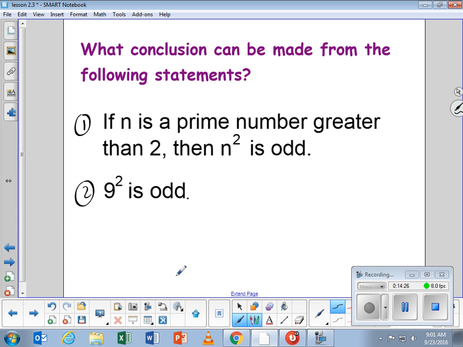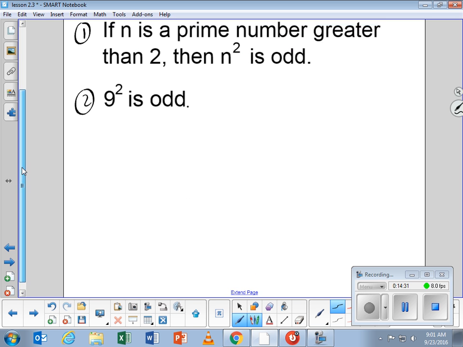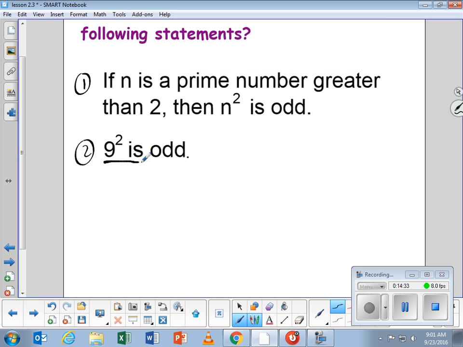This question is a little bit tricky because 9 squared is odd looks like this, which is the conclusion of this conditional. If n is a prime number greater than 2, then n squared is odd. And so the question is designed to make you think about it as if 9 squared is odd, then 9 is a prime number greater than 2.